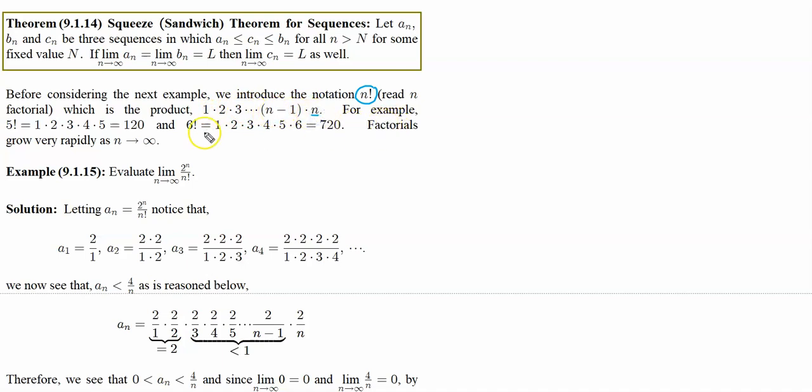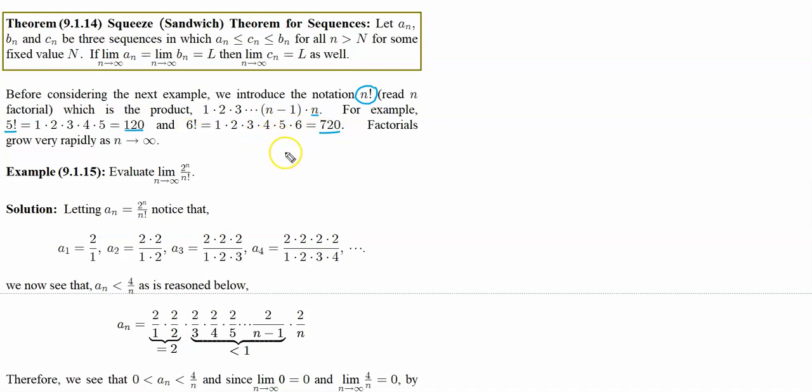So for example, 5 factorial is 1 times 2 times 3 times 4 times 5, or 120. 6 factorial is going to be 1 times 2 times 3 times 4 times 5 times 6, or 720.